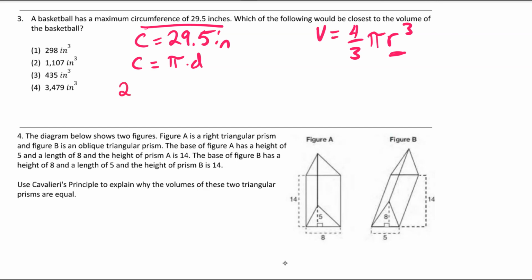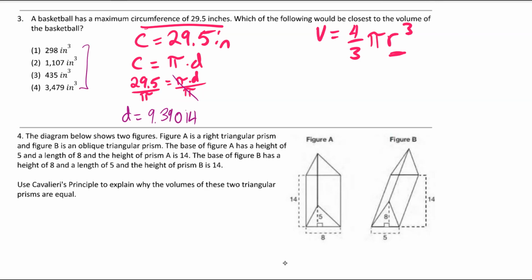So if I substitute that 29.5 into the circumference formula, I can solve for the diameter and use that to get my radius. So if I divide by pi on both sides of the equal sign, pi divided by pi is just 1, and 29.5 divided by pi, if I do that in my calculator, I find that my diameter is about 9.39014 and so on and so forth.